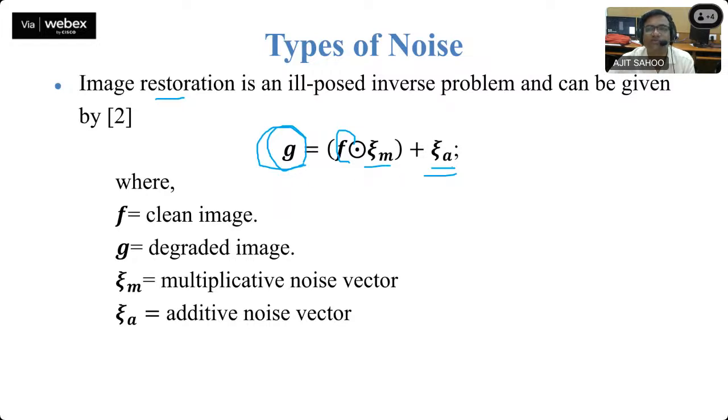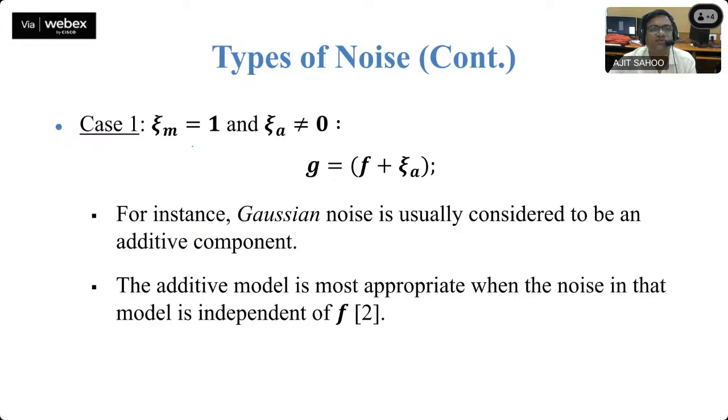At a time you may not take both additive and multiplicative; you can take either one. If the multiplicative term is equal to 1, then g is equal to f plus zeta. This is the additive model. For instance, Gaussian noise is usually considered an additive component, and the additive model is most appropriate when the noise is independent of the image. So remember, additive noise is independent of the original image.